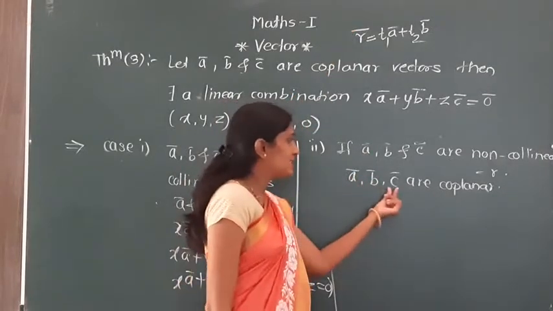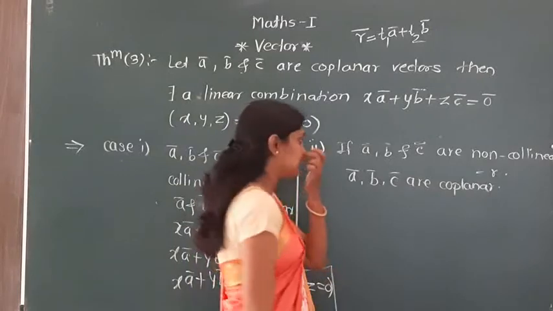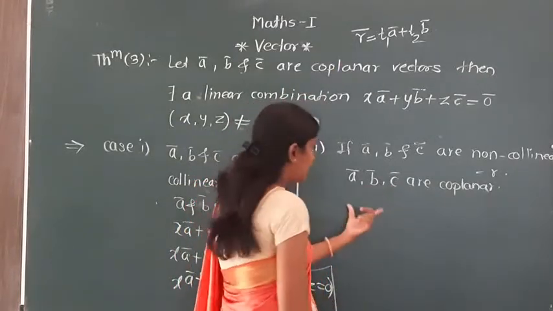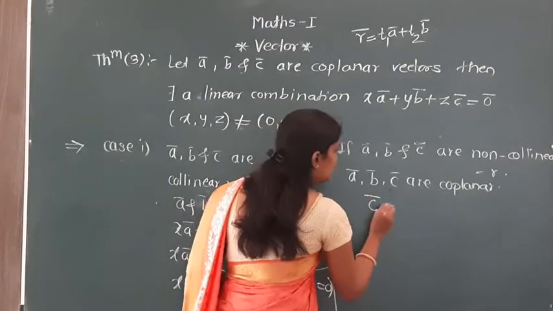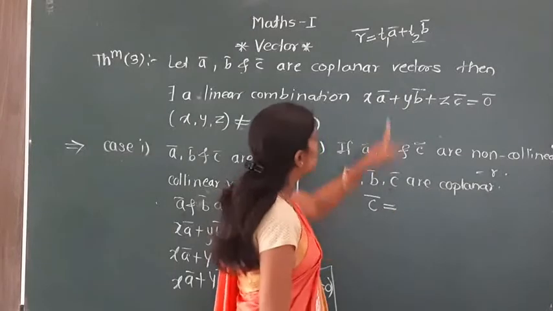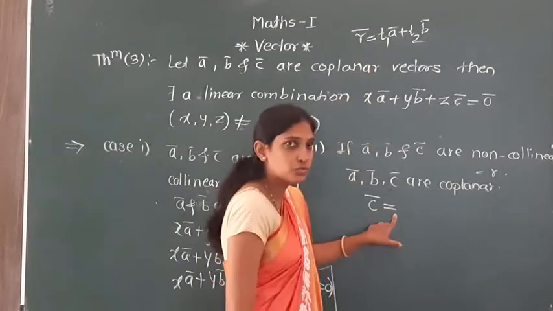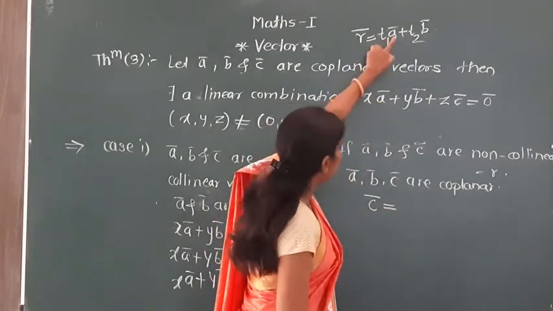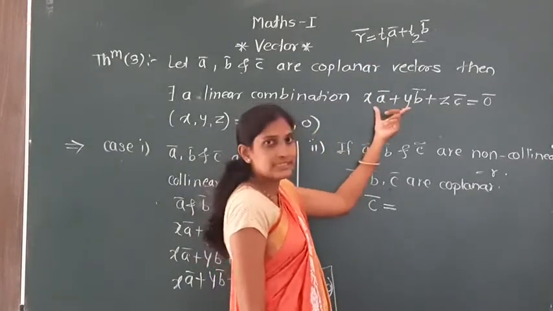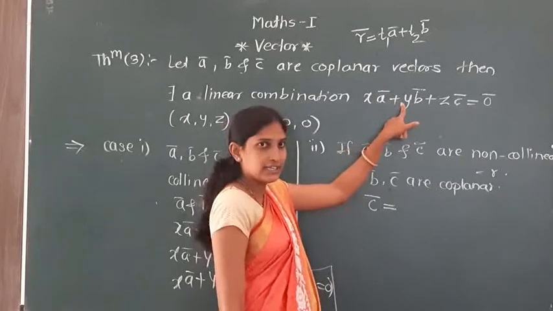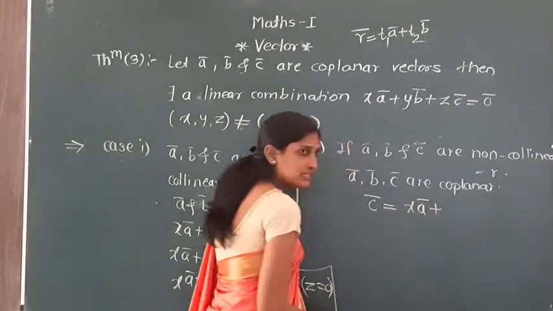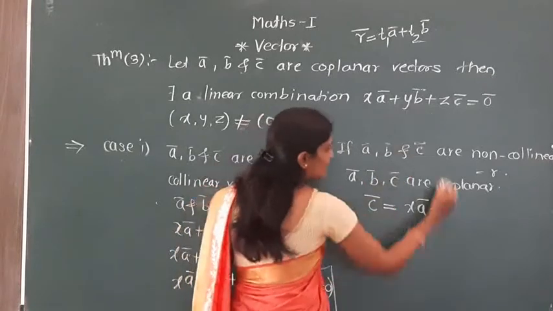If A bar, B bar, C bar are coplanar, then here R bar is C bar, so using this theorem, the third vector is equal to T1 A bar. But in this statement we have X and Y, so we use here X A bar plus Y B bar.